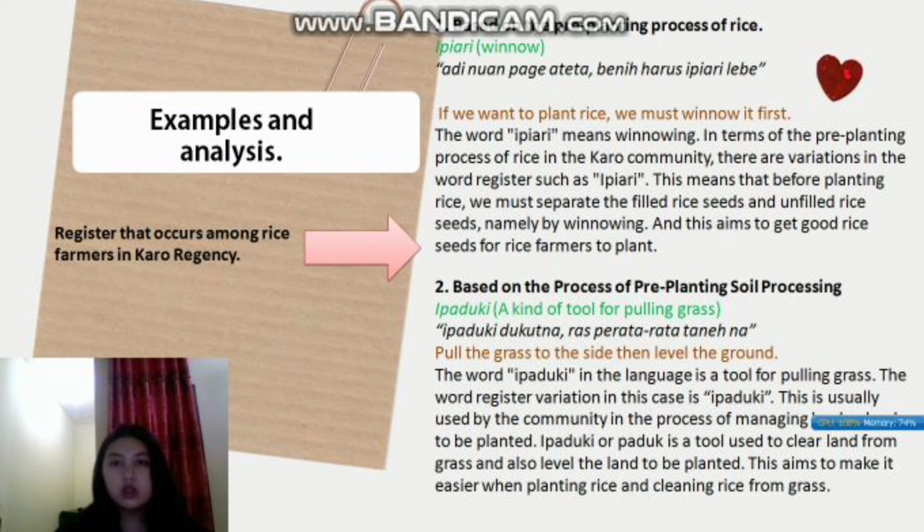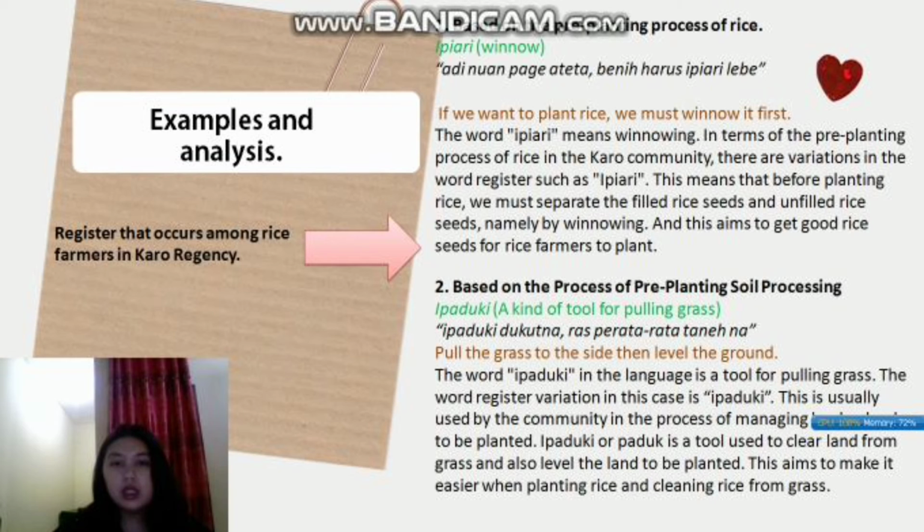And the second is based on the process of pre-planting soil processing. Ipaduki, a kind of tool for pulling rice. Sentence in Karo: Ipaduki dukutna ras rata-rata tanahna. Sentence in English: Pull the grass to the side, then level the ground. The word register variation in this case is paduki.